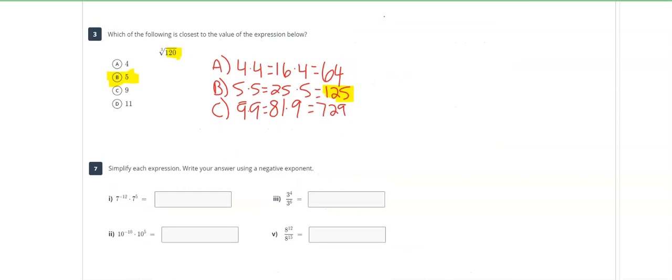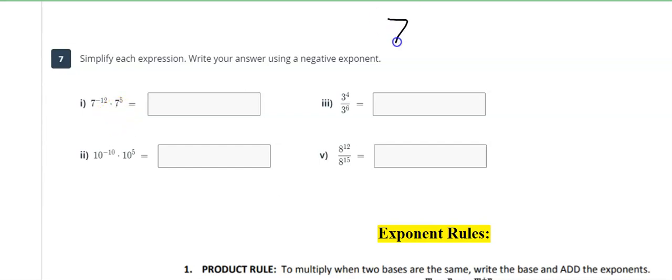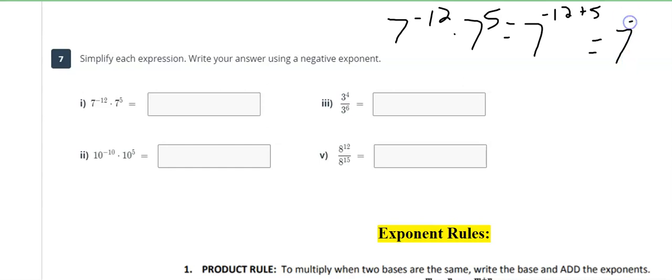So if I go back up to here and zoom in, I have 7 to the negative 12th times 7 to the 5th. This is the same thing as 7 to the negative 12 plus 5. Negative 12 plus 5 is equal to negative 7, so this would be 7 to the negative 7th, and it asked us to use a negative exponent.